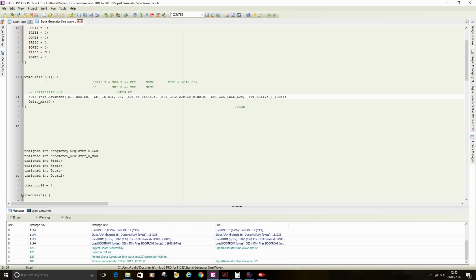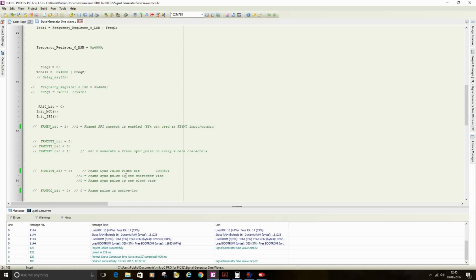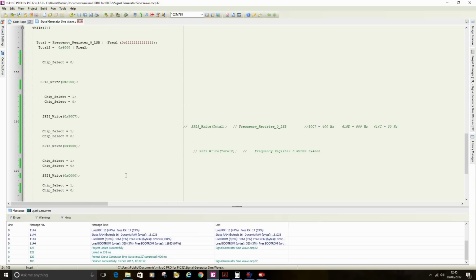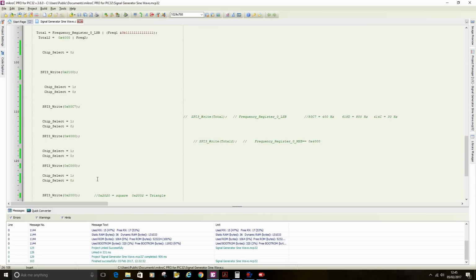Anyway, we're not using the slave select. Sample the data in the middle of the clock. The clock idles low, idling high doesn't work, and then SPI active to idle. Forget these bits, come back to them in a minute. So I thought in a while one, I kept on writing to the device.